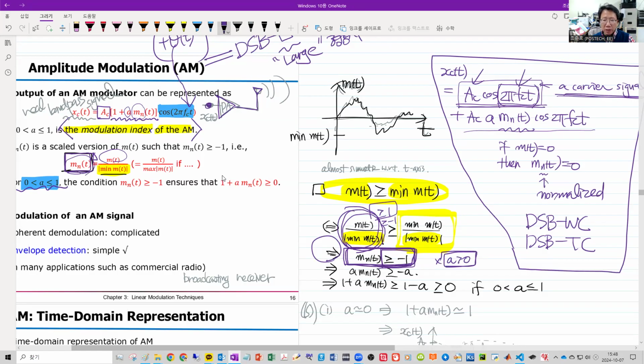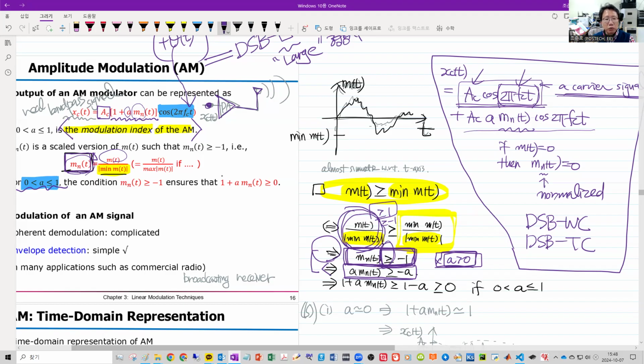Then what happens? Since a positive value is multiplied, the direction of the inequality doesn't change, and you have this. Right? So under the assumption of A positive, these two are the same. So A times the normalized message signal M sub n of t is greater than or equal to -A.